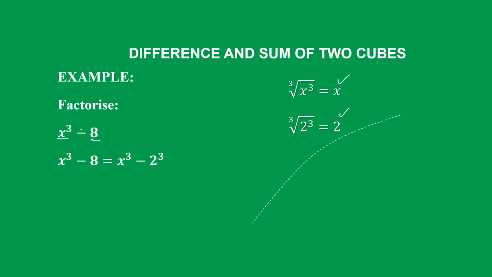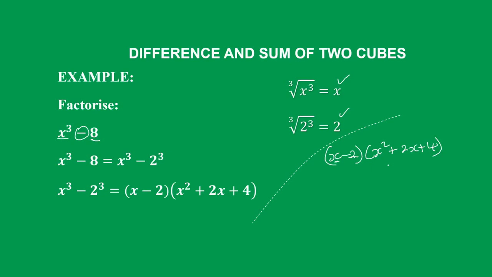We maintain the sign, which is minus. So it's x minus 2. And then we square the x, change sign, x times 2, always positive, 2 squared. Done. Very easy. Okay, that's what you get.